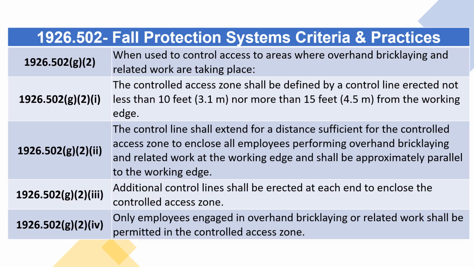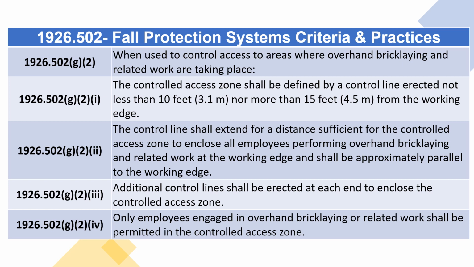1926.502(g)(2): When used to control access to areas where overhand bricklaying and related work are taking place, the controlled access zone shall be defined by a control line erected not less than 10 feet (3.1 meters) nor more than 15 feet (4.5 meters) from the working edge.